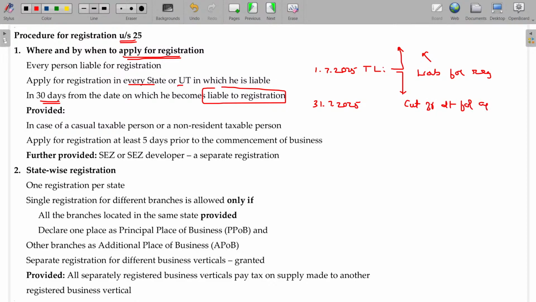This period you have to apply. After application, it takes at least 10 days also to get your registration confirmed, probably registration certificate.